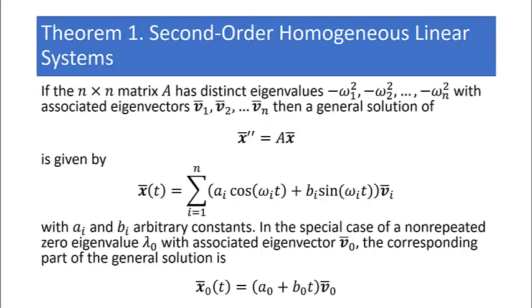Now, in the special case of a non-repeated zero eigenvalue λ0 with associated eigenvector v0, the corresponding part of the general solution x0 will be (a0 + b0 t) times the vector v0.